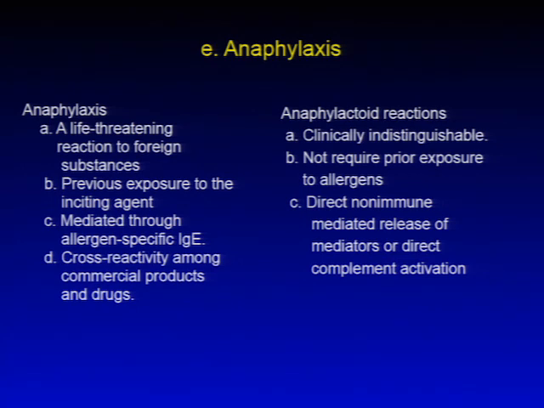On the other hand, an anaphylactoid reaction is clinically indistinguishable from anaphylaxis. It does not require prior exposure to the allergen. It is a direct non-immune mediated release of mediators or direct complement activation.